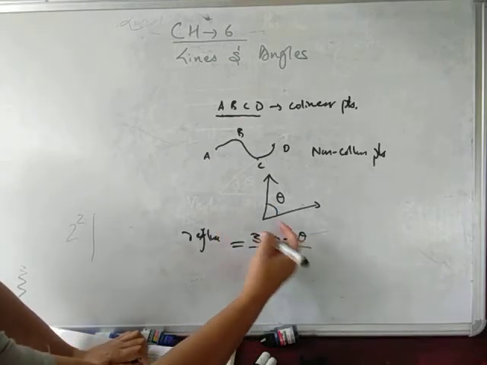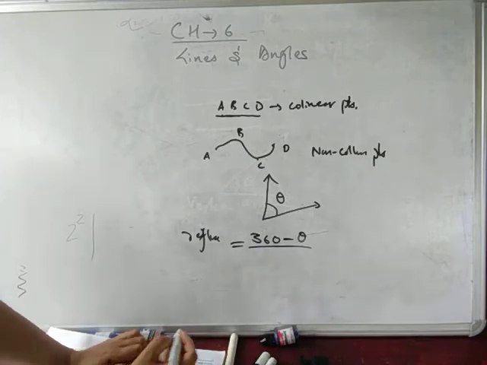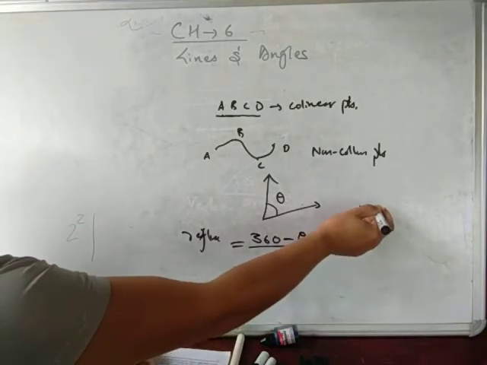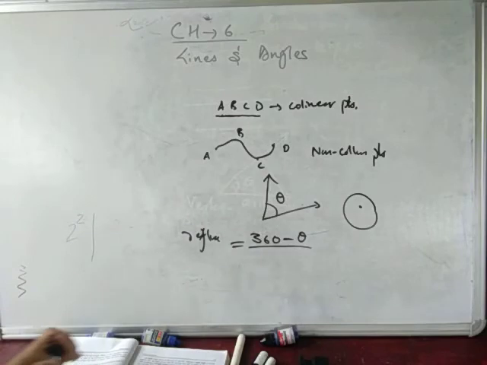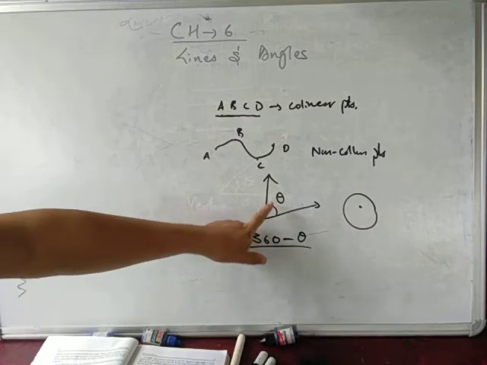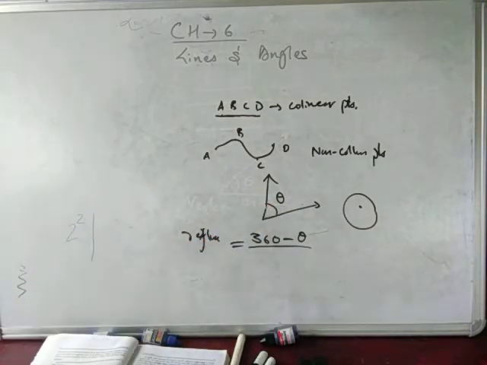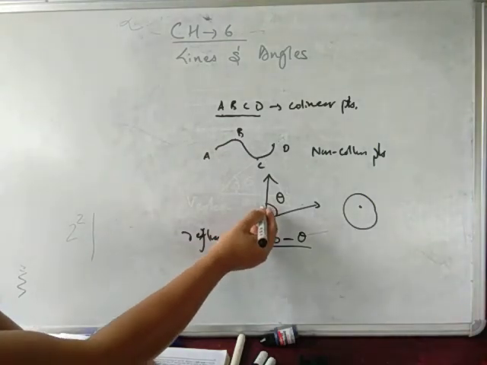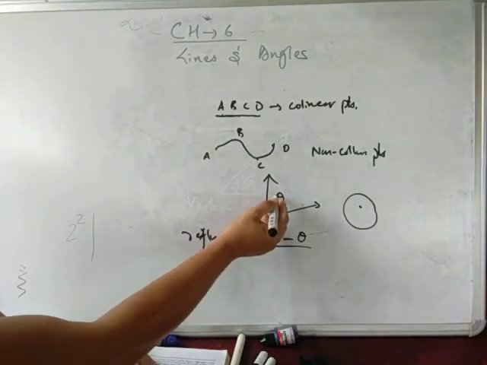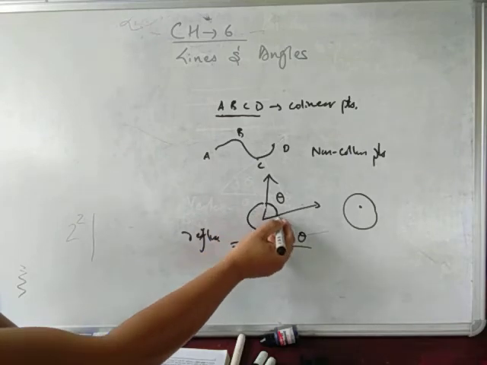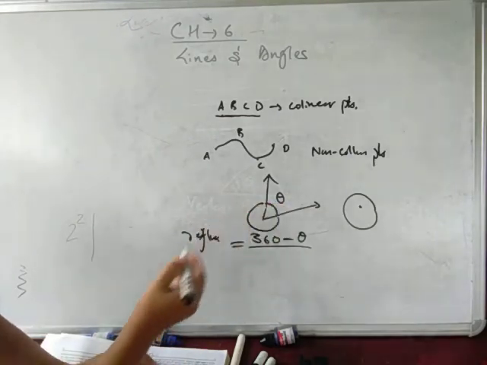Around a point the degree measure is 360 degrees. So 360 degrees minus this angle is the reflex of theta, isn't it? This angle is theta, and the reflex of theta is this larger angle.